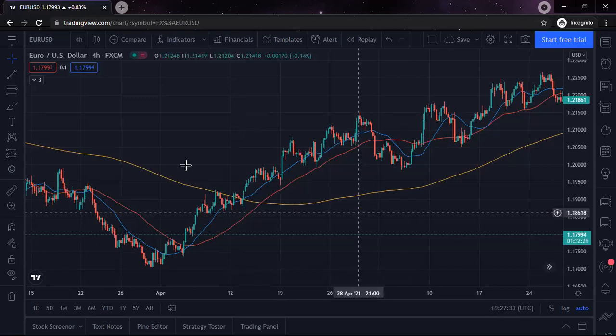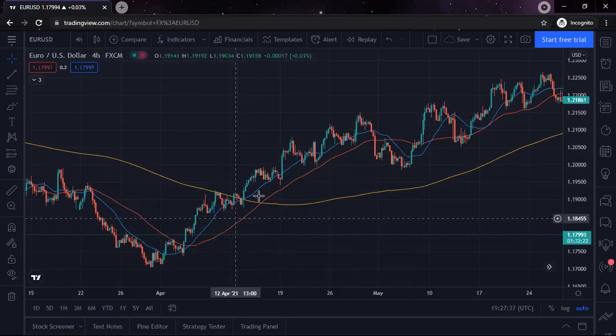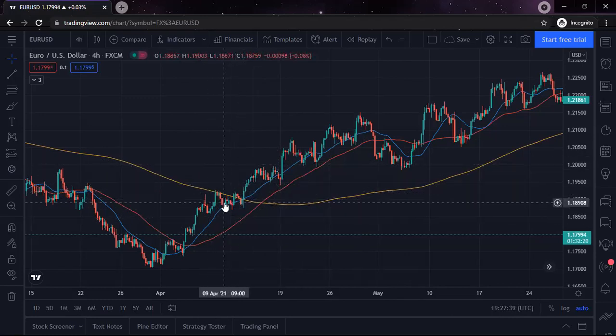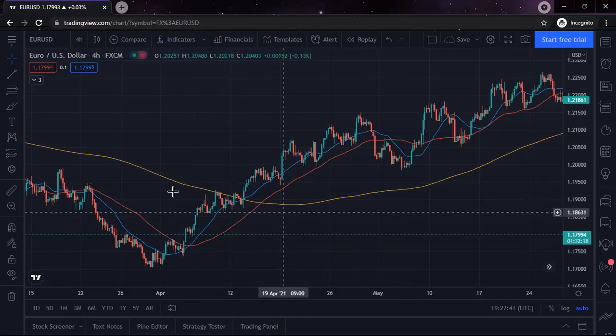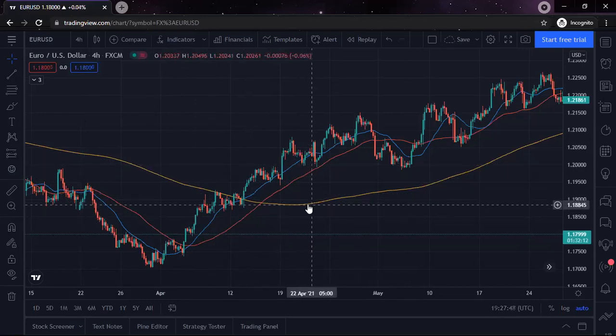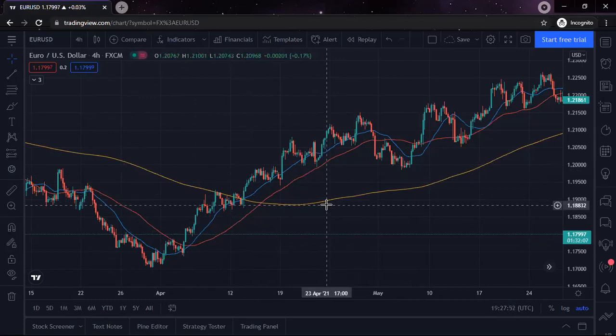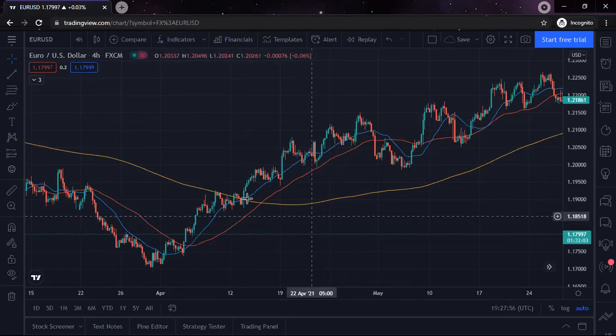From where my cursor is, see the yellow line here, this yellow line is the 200 moving average. The red one is the 50 moving average.